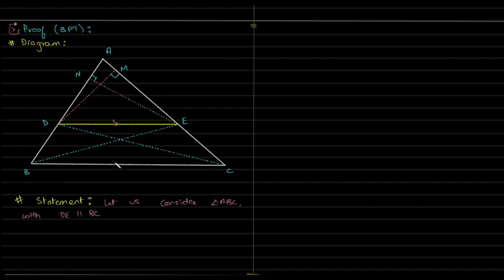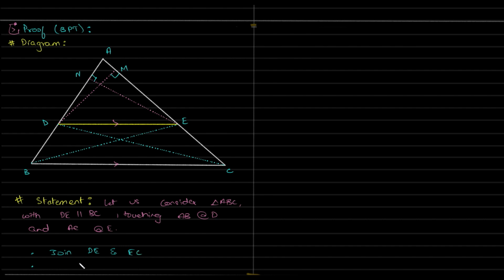So I've drawn this to be parallel, touching AB at D and AC at E. Right, this is what I've done. Next, I will join DE and EC. Sorry, BC. No, EC only. That's correct.